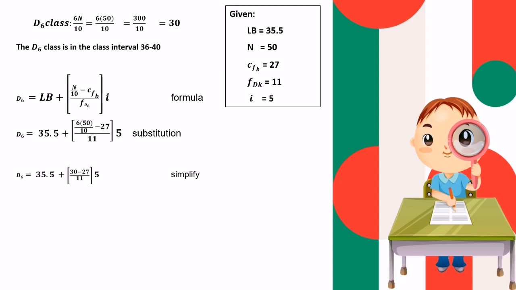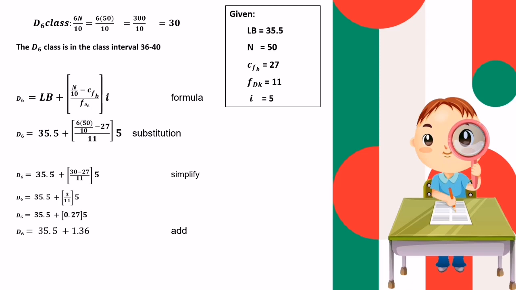Next, we have 35.5 plus the 30 minus 27 over 11 times 5. Let's simplify the 30 minus 27. So 30 minus 27, we have 3 over 11, and then let's simplify again the 3 over 11. It's 0.27. So 0.27 times 5, we have 1.36.